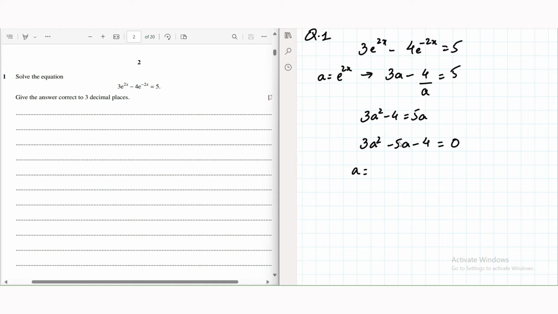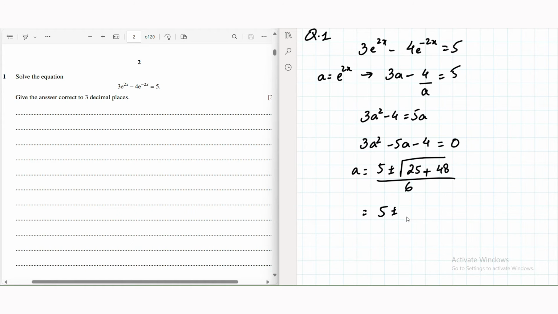So that would be minus b plus minus the square root of b squared minus 4ac. That would be 5 squared plus 4 times 3 times 4. So 4 times 12, that would be 48, and minus would become plus, divided by 2a, 2 times 3, 6.